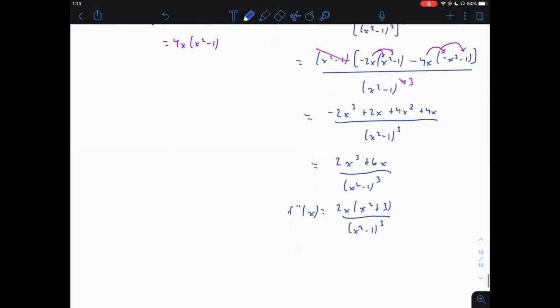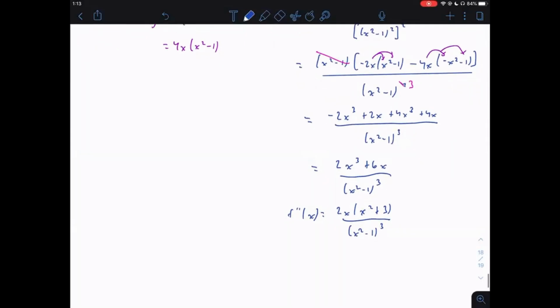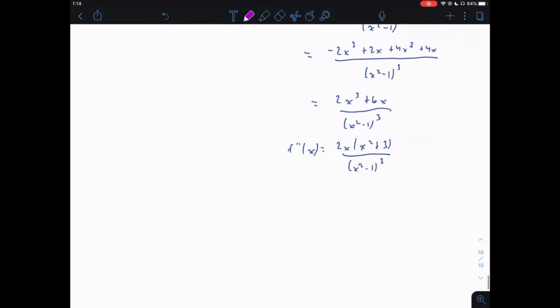Okay. Whew. So now, inflection point time. Again, to find the inflection points of a rational expression, we have to set the numerator equal to 0 and the denominator also equal to 0. So I'm going to set 2x times x squared plus 3 equal to 0.